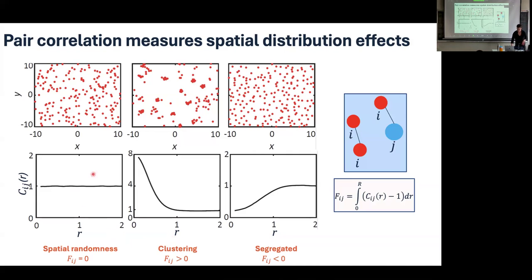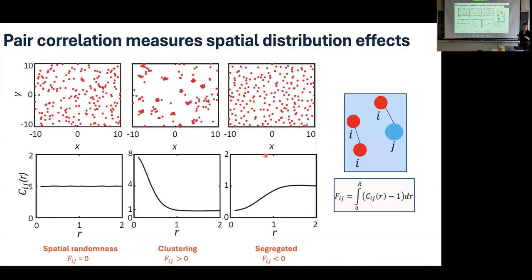So if you have a pair correlation measure of 0, then you have that this would just be a normally diffusing type process. But if you have clustering, you'll have a pair correlation coefficient above 0, so a positive correlation. You can see here these structures, and you have segregated when you have a value under 0.